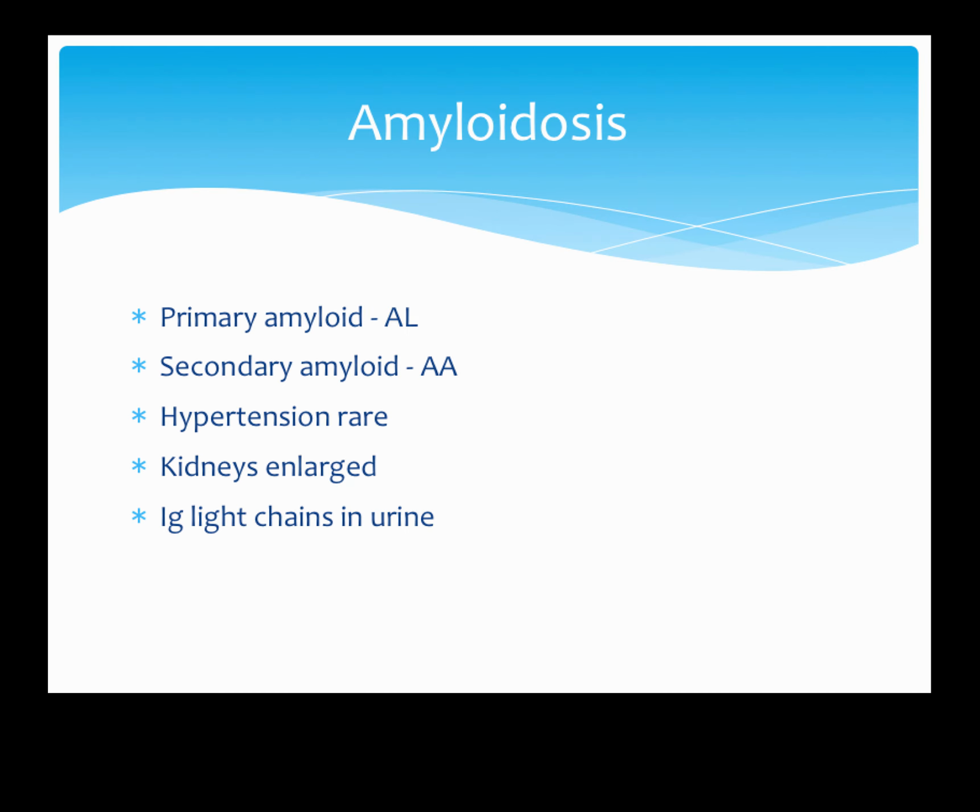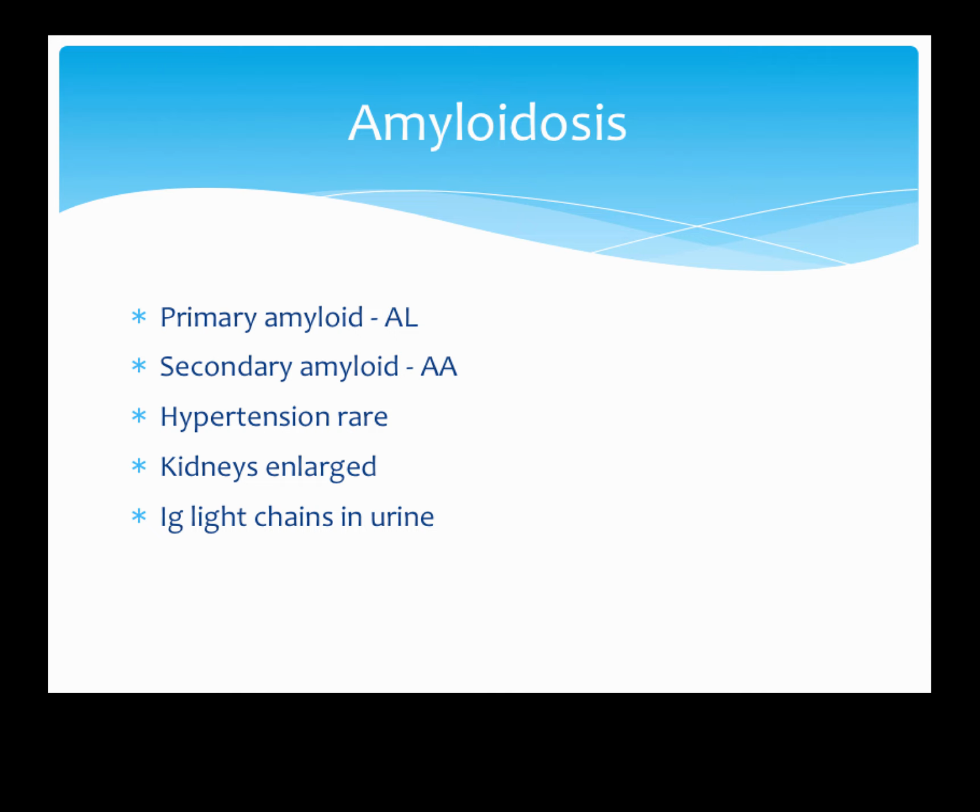Finally, an important disease process that often presents as nephrotic syndrome is amyloidosis. The majority of patients with amyloidosis will have primary amyloid due to an abnormality in their immunoglobulins, where they have a monoclonal light chain production of one of the light chains, usually lambda.